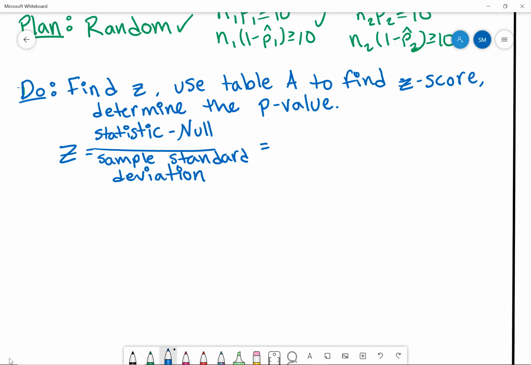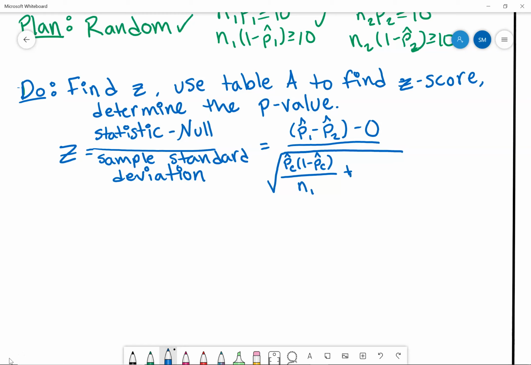In terms of really long equations that aren't that long, that's p hat sub 1 minus p hat sub 2 minus the null, which is, you guessed it, always going to be 0, divided by the square root of p hat sub c times 1 minus p hat sub c divided by n sub 1 plus p hat sub c times 1 minus p hat sub c over the sample size of the second set of data.